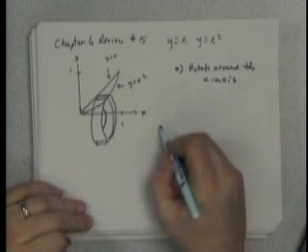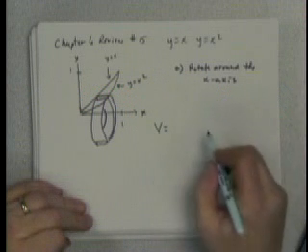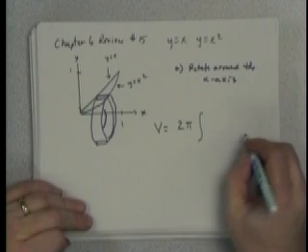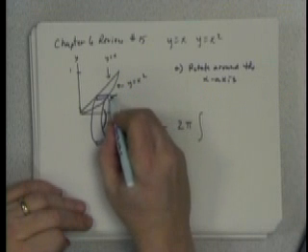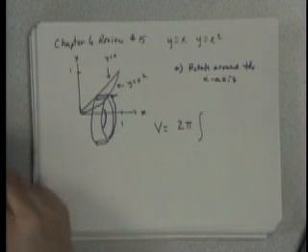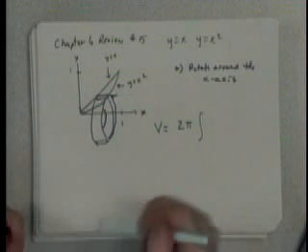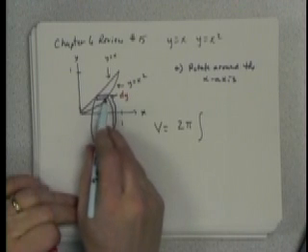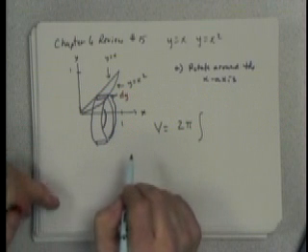So again, to find that volume, it's 2 pi r h is what we're thinking. 2 pi times the integral. Because I made my slices parallel to the x-axis, my smaller side is a dy.